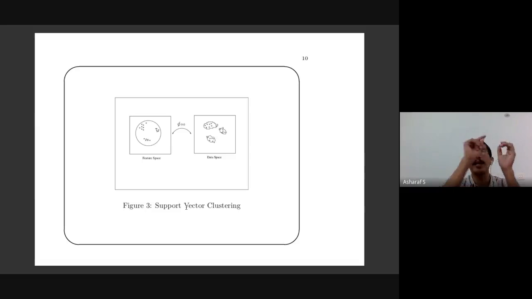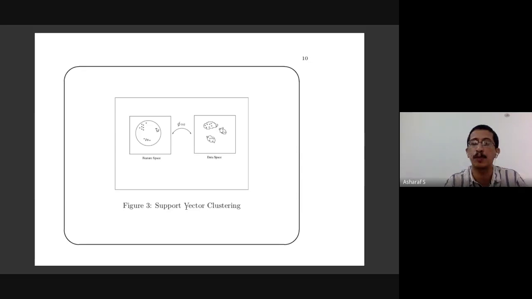The points on the boundary will form some contours, and the points enclosed by those contours are defined as the clusters. That is the definition of support vector clustering.